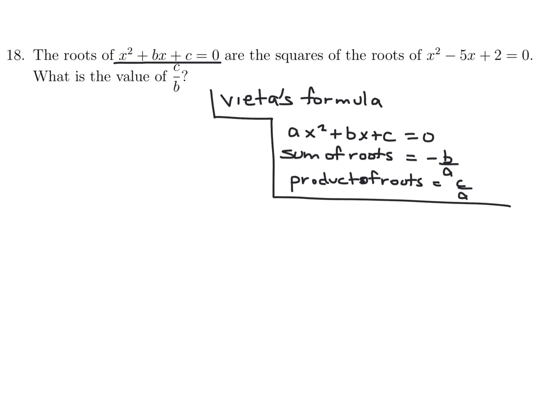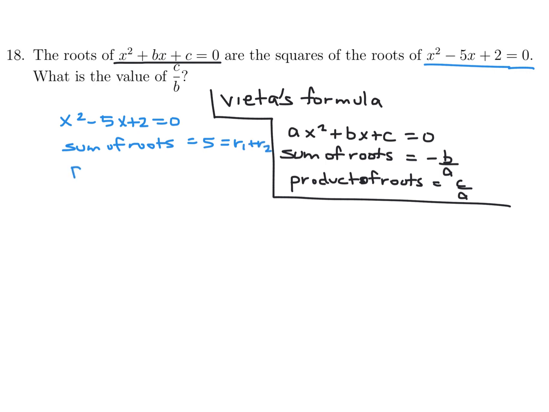Okay, so the sum of the roots for x squared minus 5x plus 2 equals 0 would be minus b over a, so that's just 5. I'll call those roots r1 and r2.